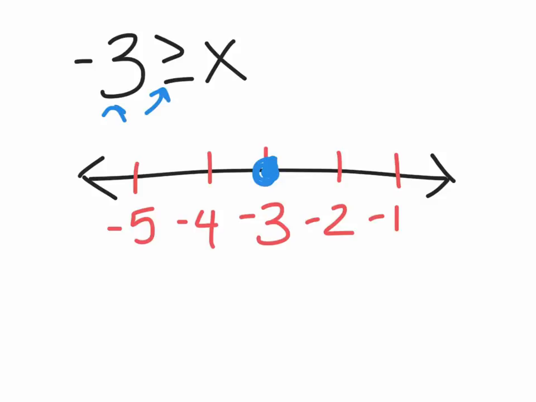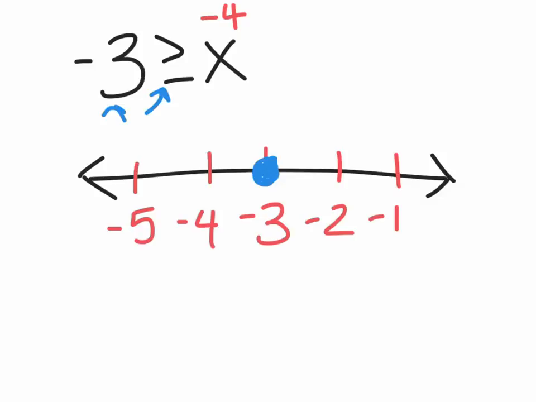Okay, now I have to decide where I'm shading, which direction. There are 2 ways to do this. The first way is to input a number. Okay, so I'm going to go ahead and say -4. So is -3 greater than or equal to -4? That's true. So I'm going to shade that direction.